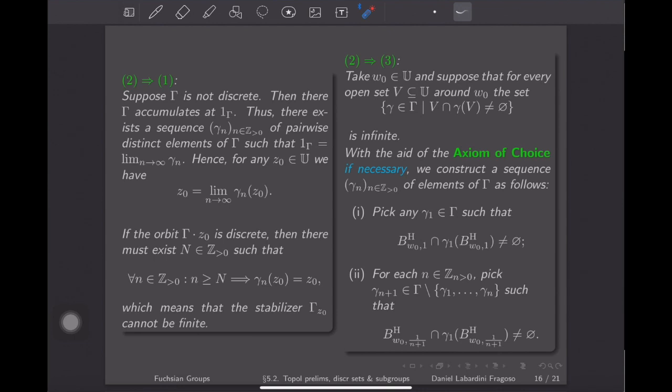Right? So okay, and once I know this, you see, the point is that here I'm seeing Z naught as a limit in its own orbit, right?